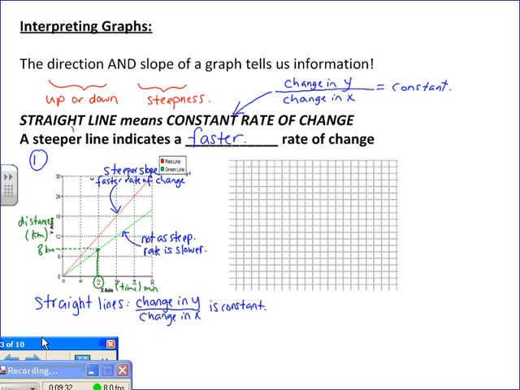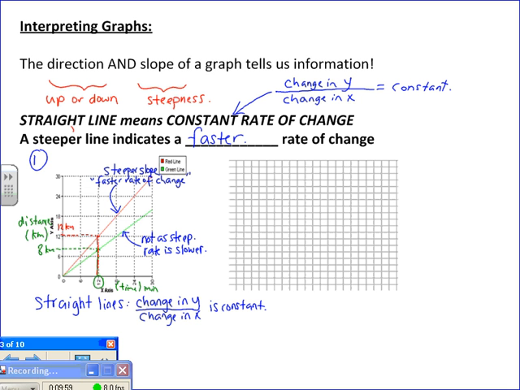And if I look at where I am on the red line at the same amount of time, so at 12 minutes, if I come up to my red line, I can see that I've traveled 12 kilometers. So I can see that I'm traveling at a faster rate if I'm traveling along the red line compared to the green line. So first of all, this tells us the difference between the steepness of slopes, so which one's faster.